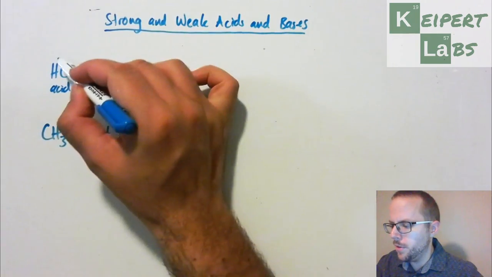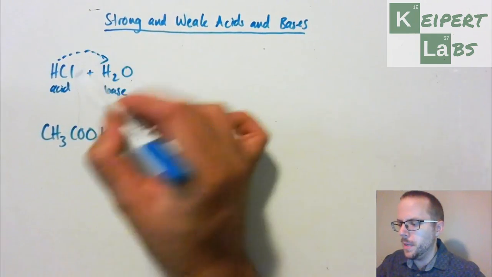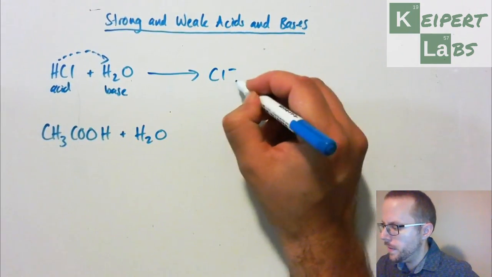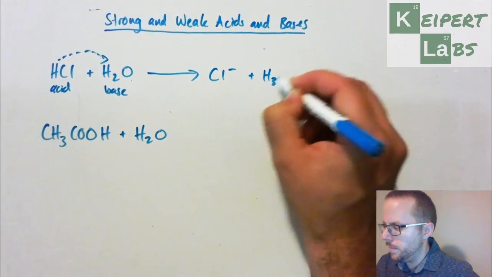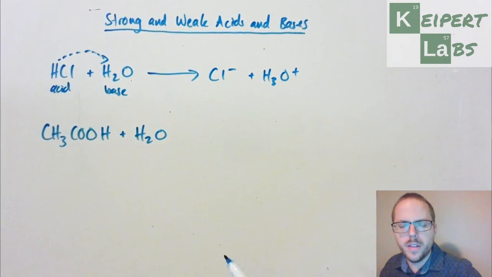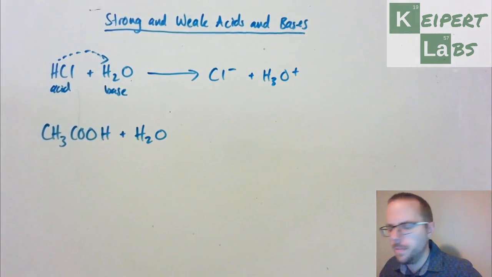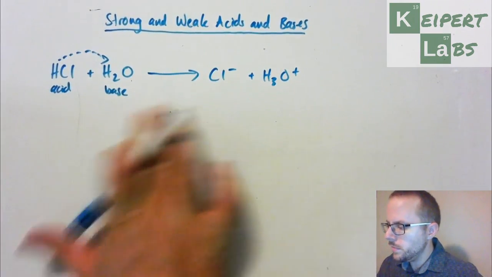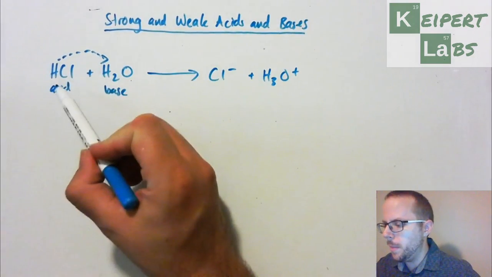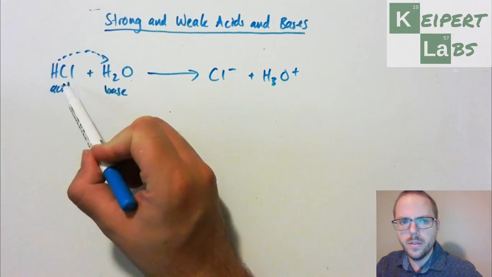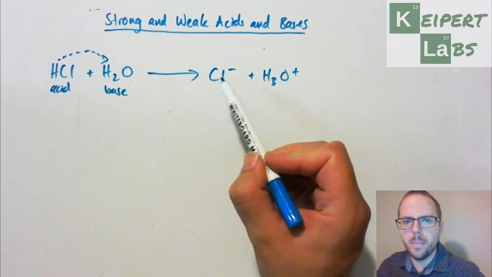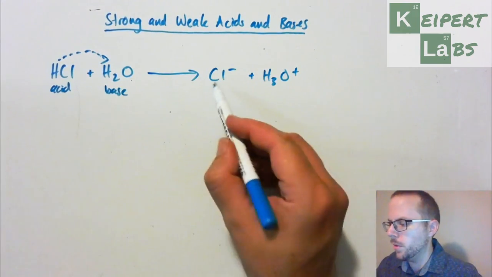The proton is transferred from here to here, giving us a chloride ion and hydronium. That's the general reaction. And what happens is that all of the molecules of HCl over here react, lose their protons, and transfer their protons to form chloride.